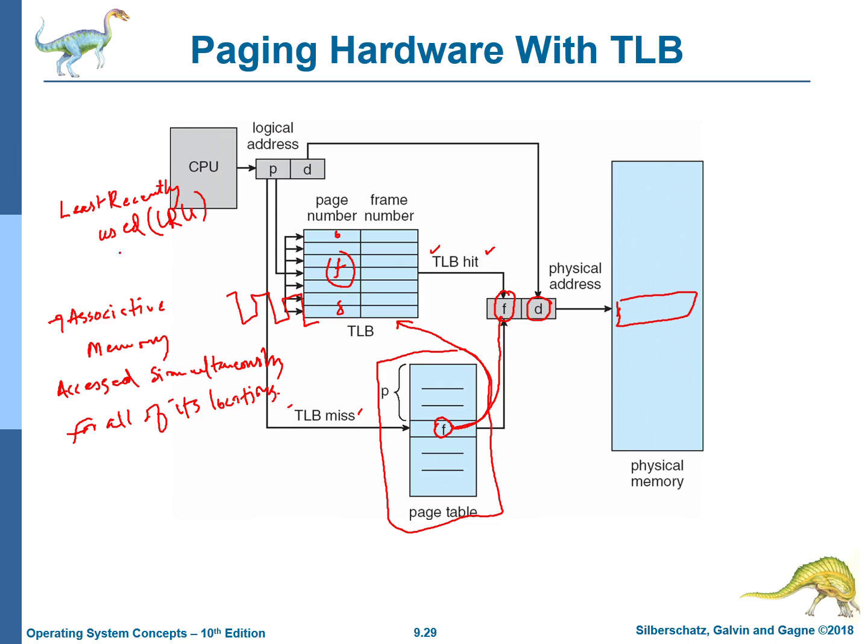So for example, if at the start there is no entry in the TLB, but when the CPU tries to access different programs, then this TLB becomes populated, right? And only when this TLB becomes full is the least recently used algorithm used to overwrite the existing old pages with the currently active pages. So inactive pages are removed from the TLB, and active pages are added to the TLB.